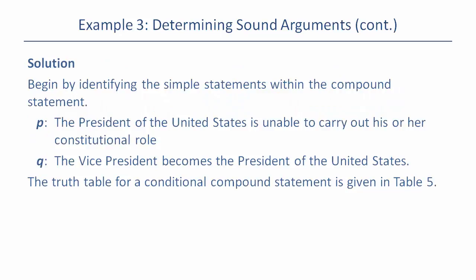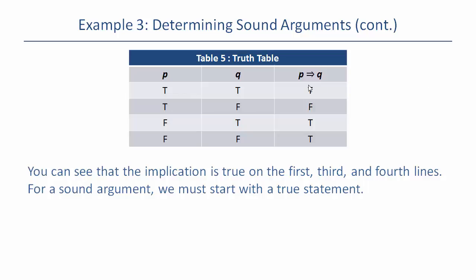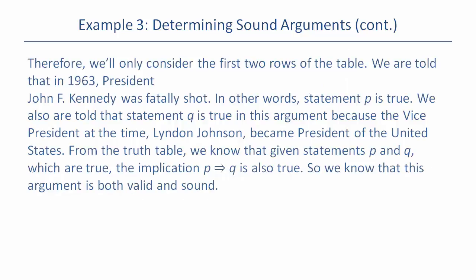So, P is the statement that the President of the United States is unable to carry out his or her constitutional role, and Q is the statement that the Vice President becomes the President of the United States. Based on that, we know that first statement is an if-then, so it's P implies Q. So we're only going to consider the first two rows of the table.